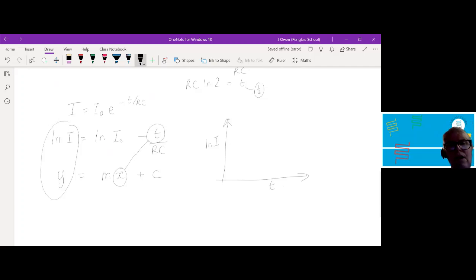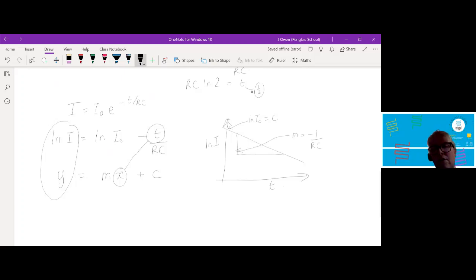It means that your y-intercept c will be equivalent to log I naught, and your gradient, notice, will be negative. The gradient m is equal to -1 over RC.